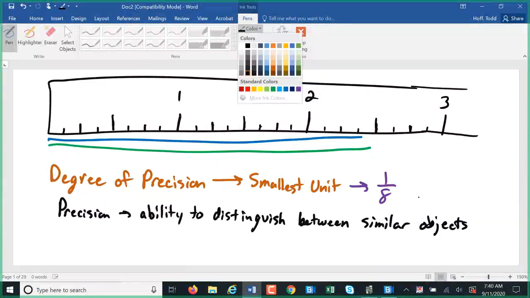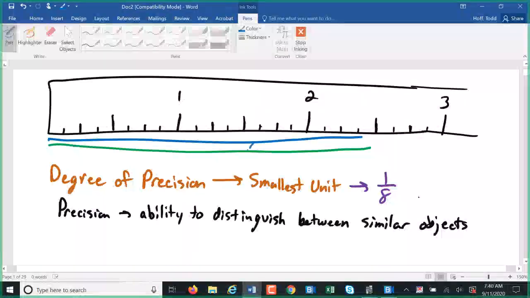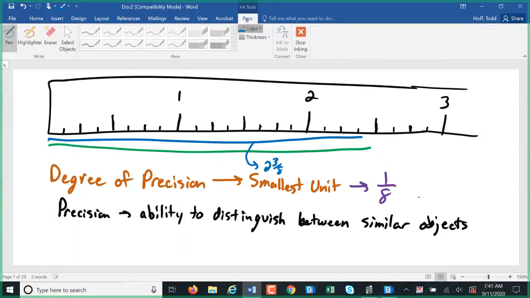You will notice, though, even though I'm listing the blue object here as 2 3/8 units, and the green object is 2.5, neither one of them is exactly on that mark.